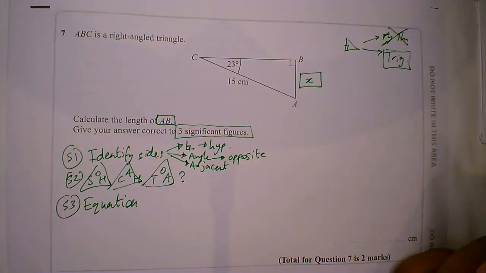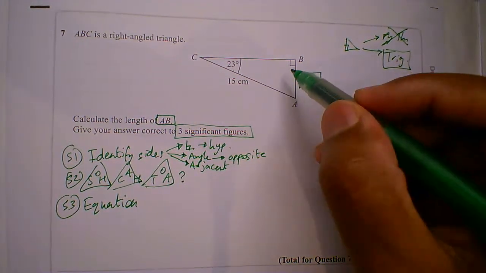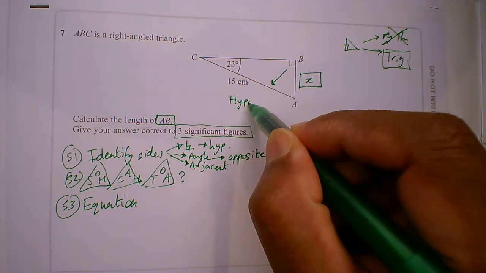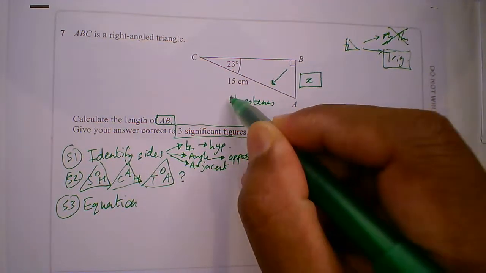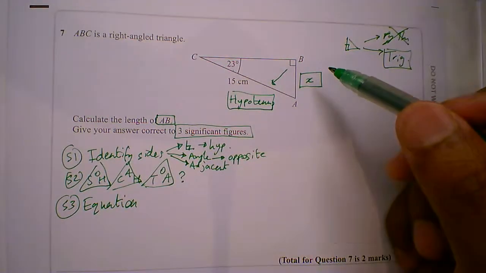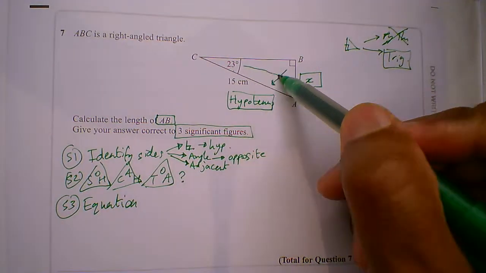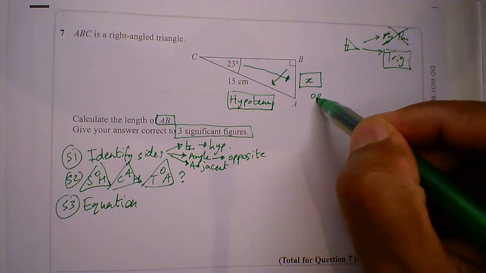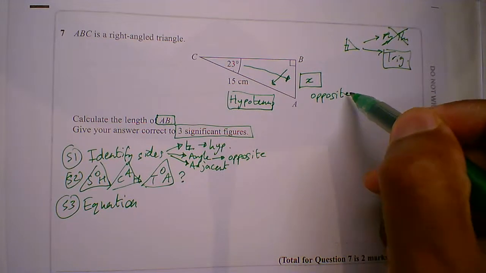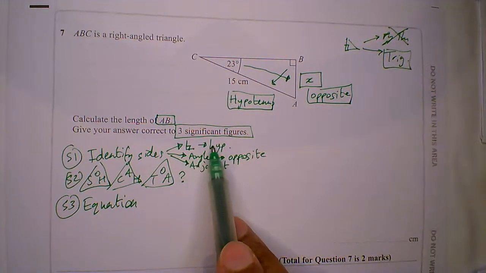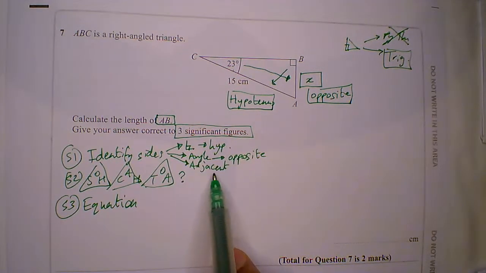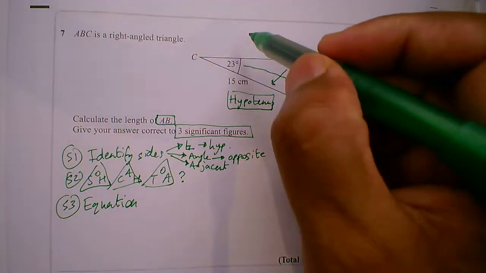So that's how we do trigonometry. I've got my right angle, my hypotenuse, my angle and opposite. The one left is my adjacent, so this one is adjacent.